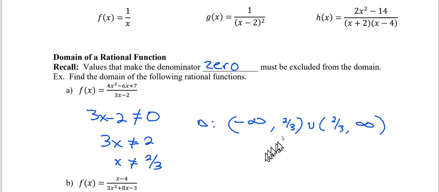So everything less than 2/3 can be included. Everything greater than 2/3 can be included. Just 2/3 itself cannot be, because it makes the denominator 0. The numerator is irrelevant to finding the domain of this function. It doesn't matter what the numerator is.